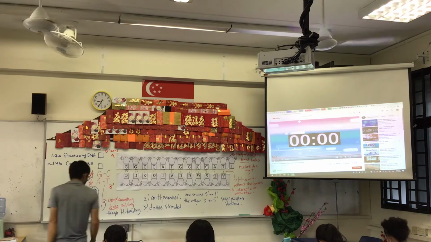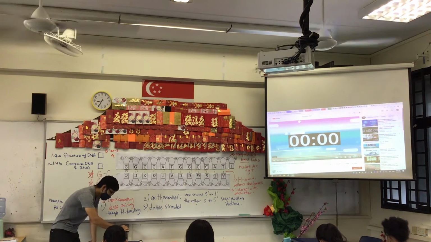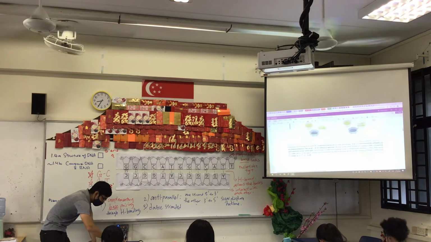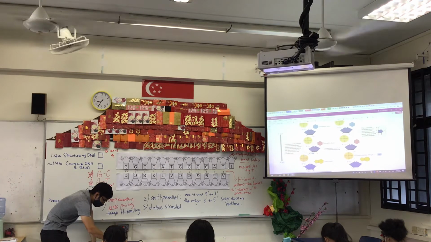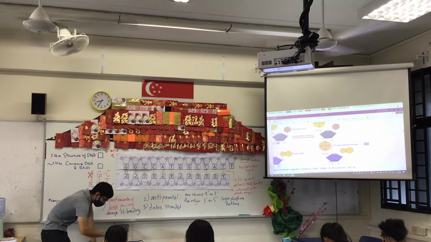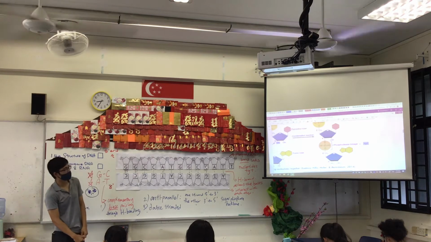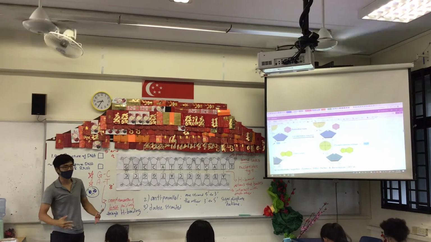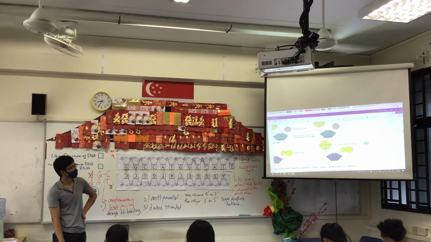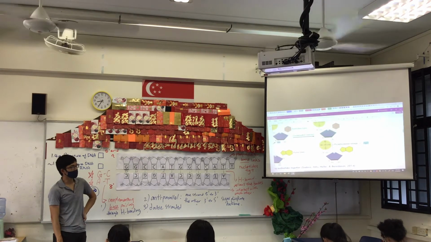So, if you're wondering where you can find this in your notes, you scroll to this particular page over here. Notice that they've labeled the phosphodiester linkage. Phosphodiester bond or linkage, same thing.